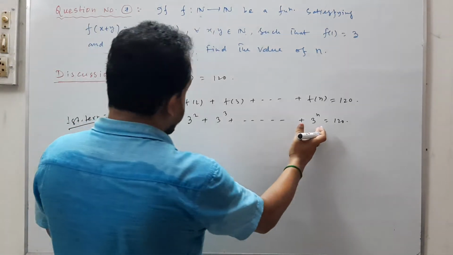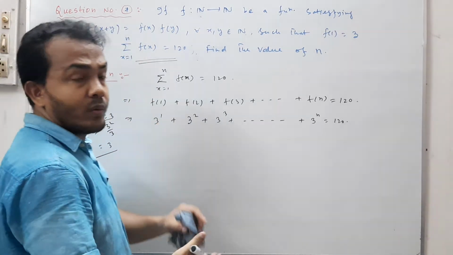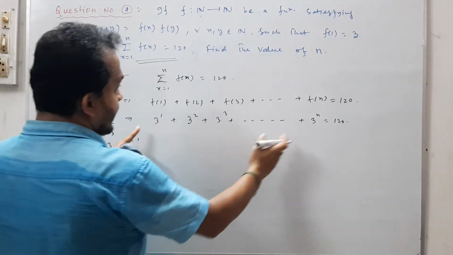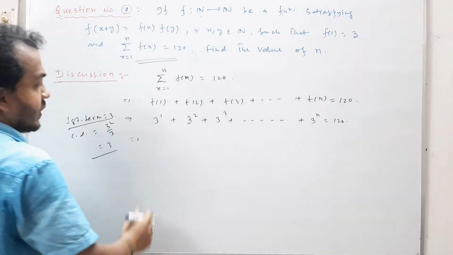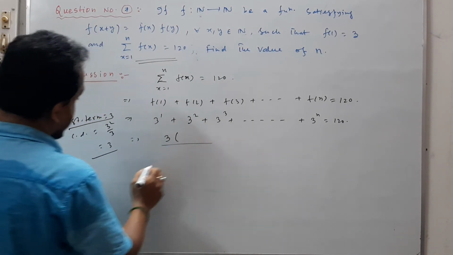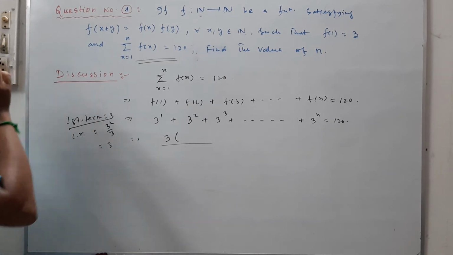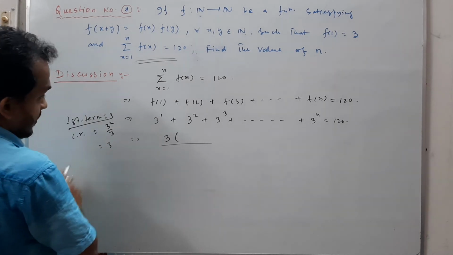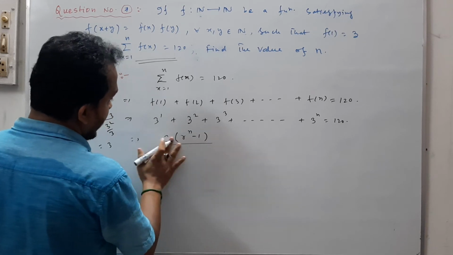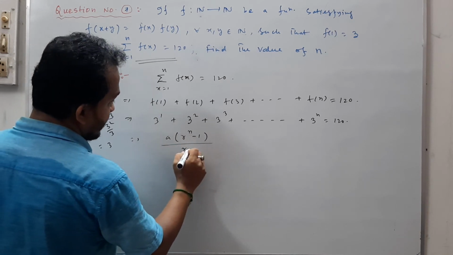Now we take the sum, and here we have a total of n terms. The sum of these n terms in a GP series is the first term a into (r power n minus 1) divided by (r minus 1).